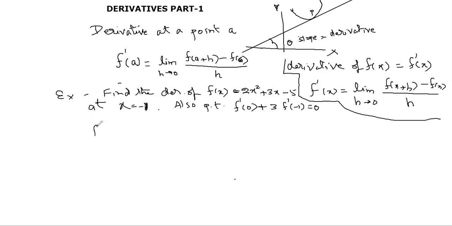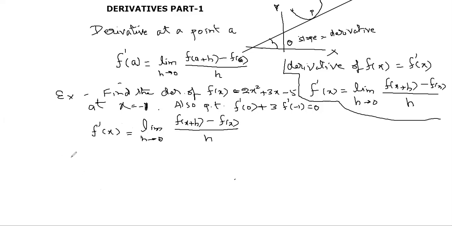So f dash x, always write this formula, f dash x is equal to limit h tending to 0, give a small increment, f(x plus h) minus f(x) upon h. This we have to find at which point?